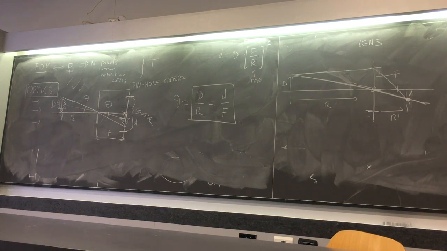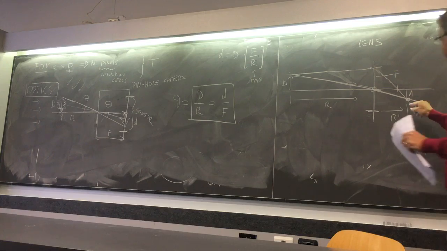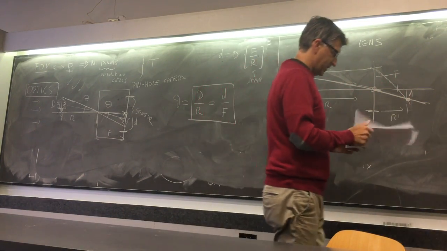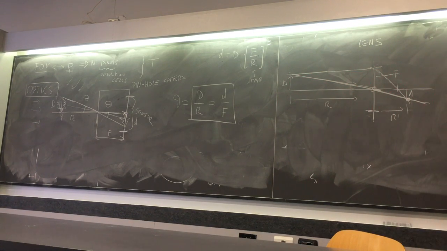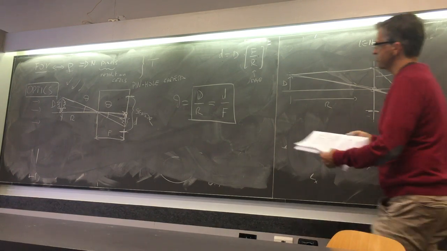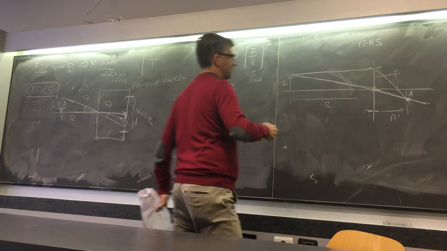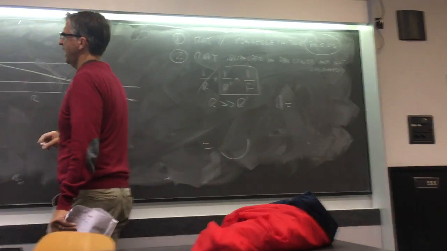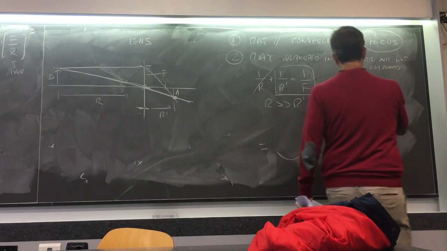So 1 over r can be ignored, because it's a very small number, and this is very big. So you get just this relationship, that 1 over r first is basically the focus. So it's very simple. Then you can write the same relationship, so that I can write here, d is d multiplied by f divided by f.